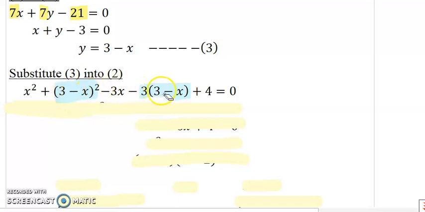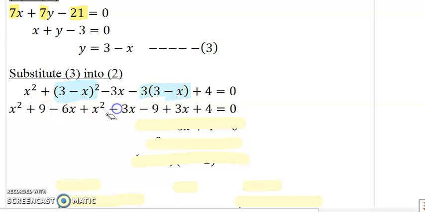The expansion of 3 minus x squared gives 9 minus 6x plus x squared. The expansion of negative 3 multiplied by 3 minus x gives negative 9 plus 3x.